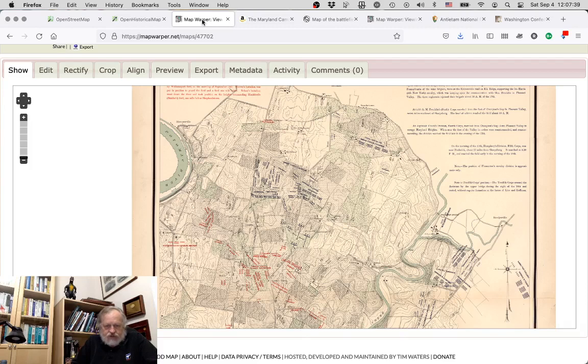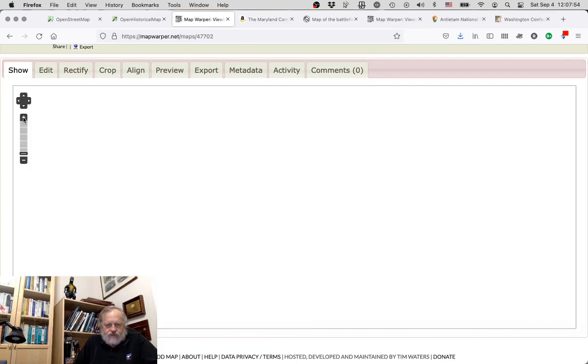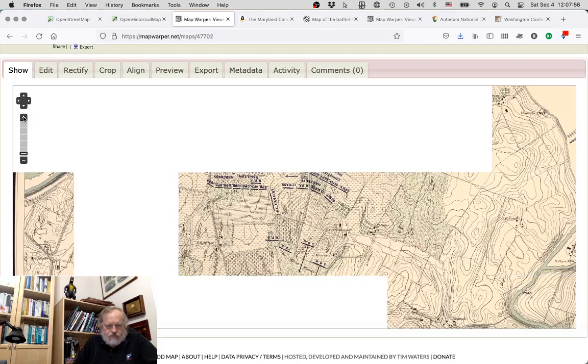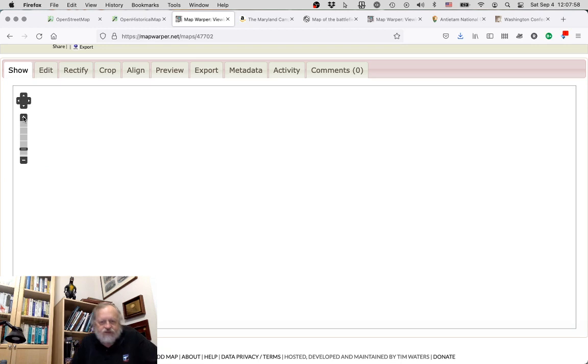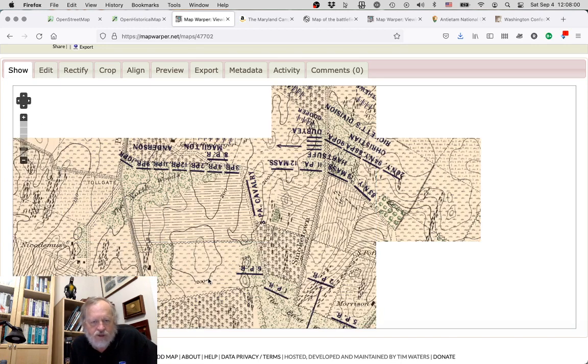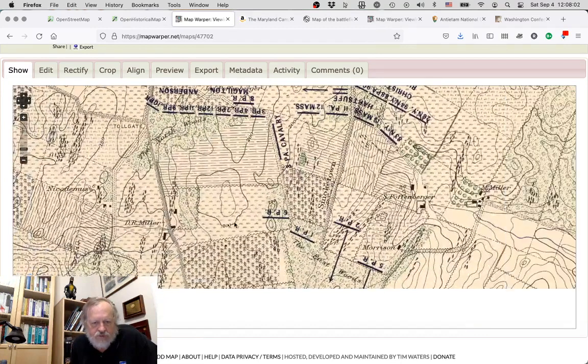But he basically went out, surveyed the battlefield as it appeared 40 years after the battle, and put together a map that shows a lot of things, including such things as the type of forestation.